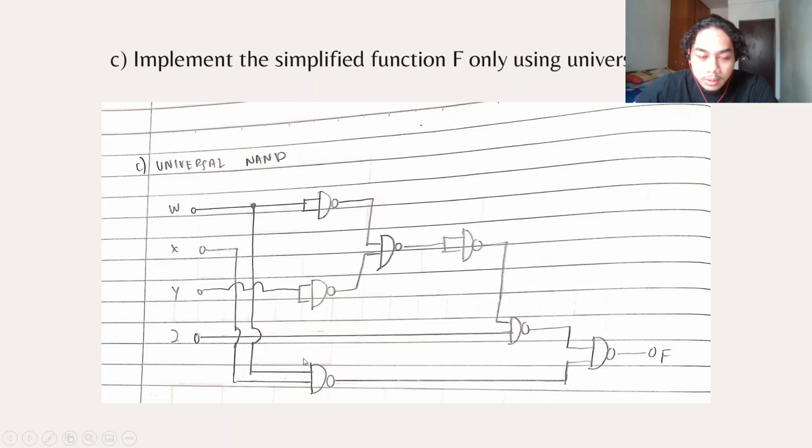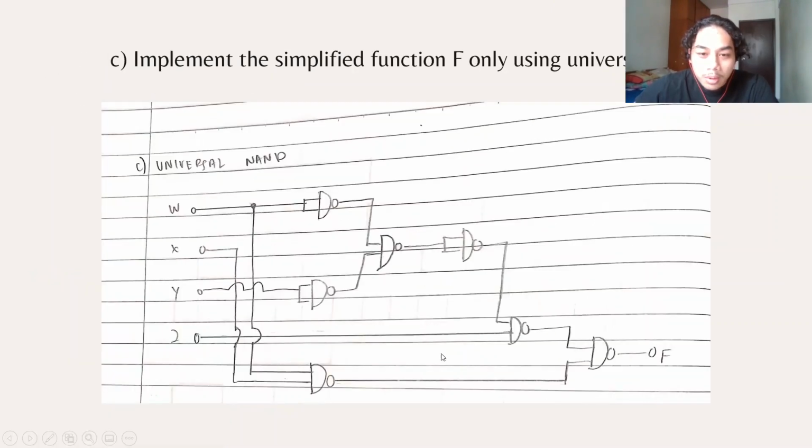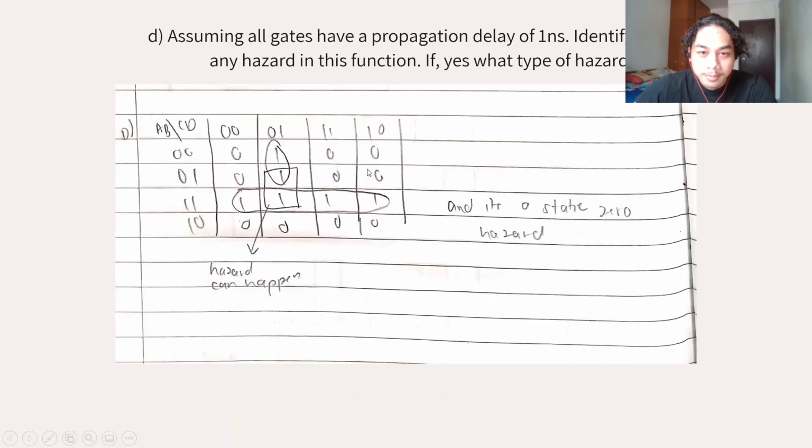Same goes for WX here, we need to add one dot, and the OR gate we change into a NAND gate. So this is the whole simplified logic diagram using universal NAND.